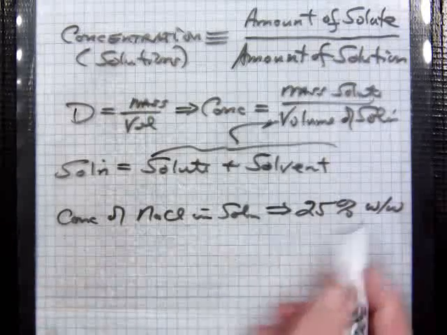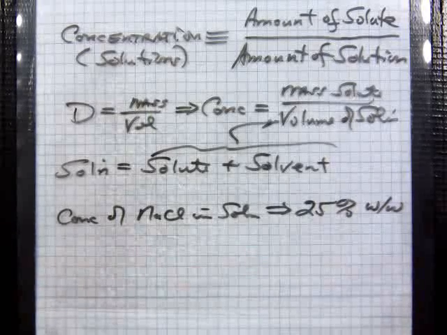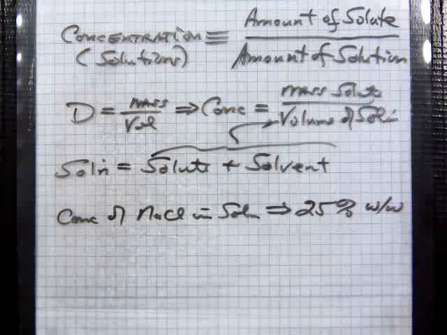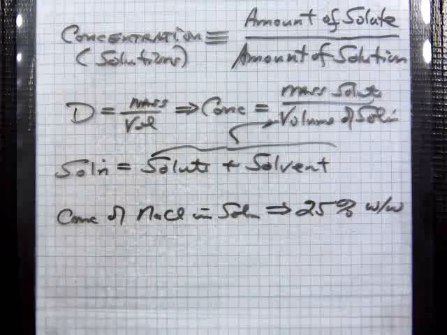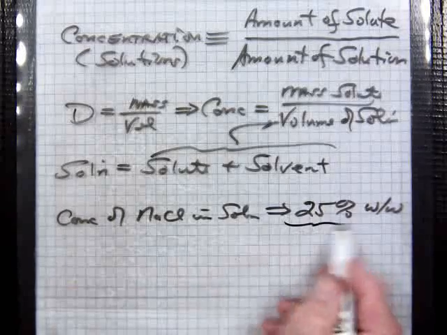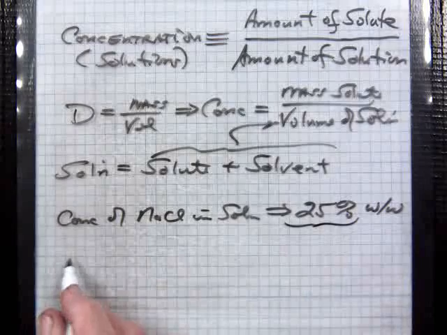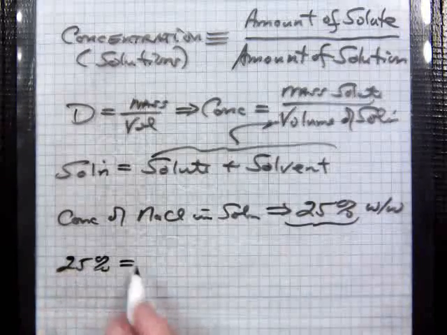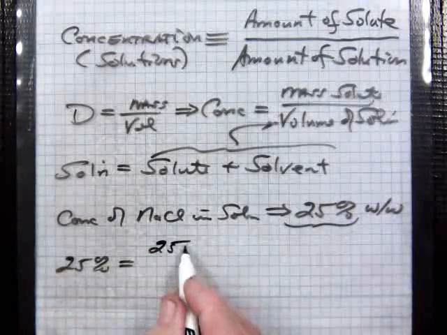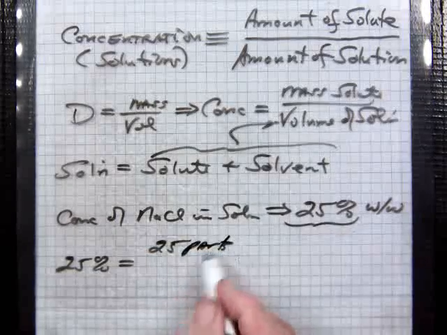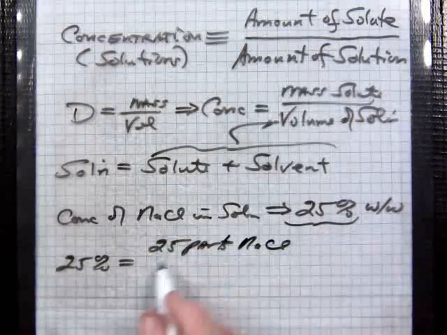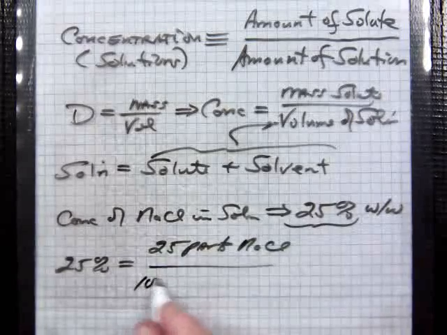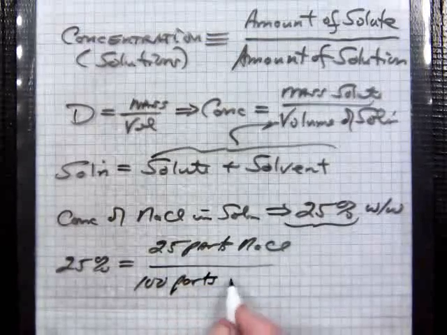And so you can see how we're using this idea of defining solutions using the mass component divided by the total mass of solution. That is, if we expand this, the 25%, as we've seen earlier today, is 25 parts of sodium chloride in 100 parts of solution.